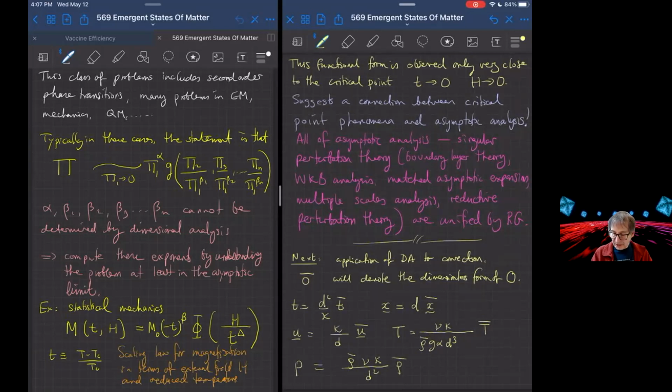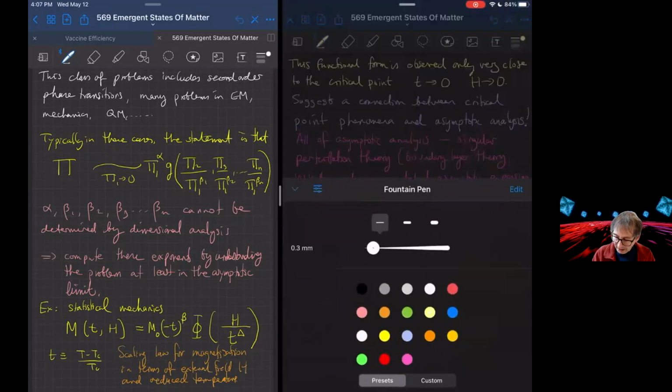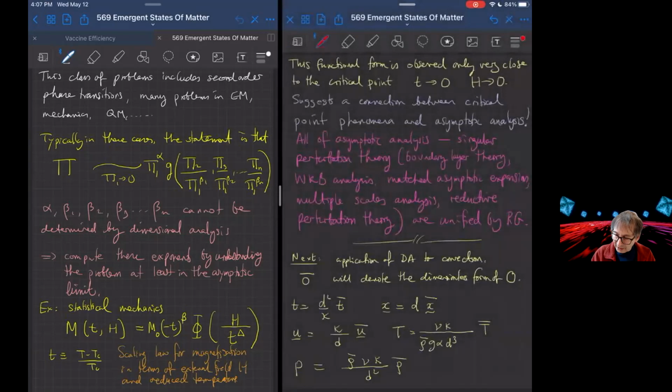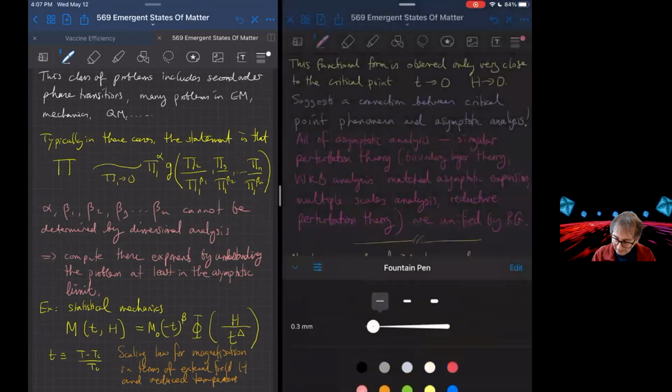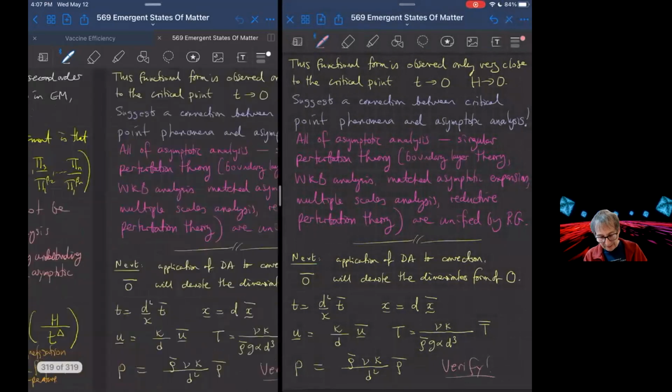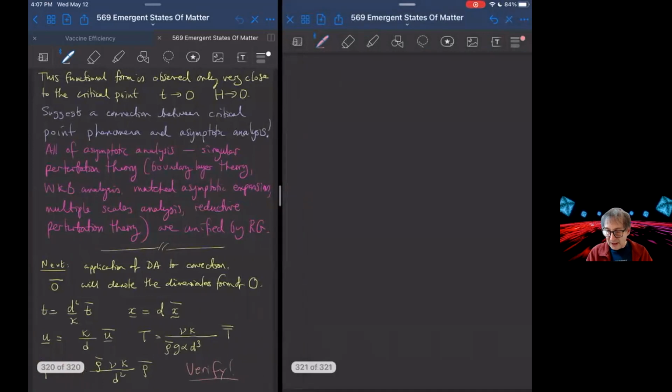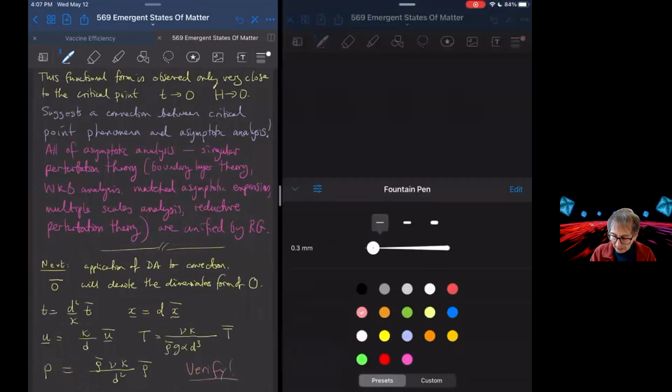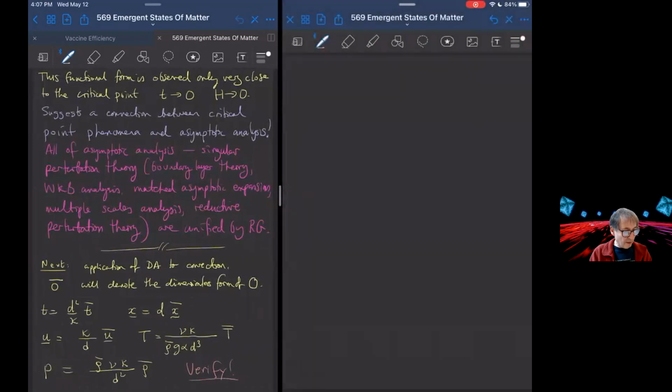So this is something that's easy to check. I suggest that you verify that. I'm sure you'll take it as given. So the next thing that we need to do, once we know this, is substitute these variables into the differential equations.